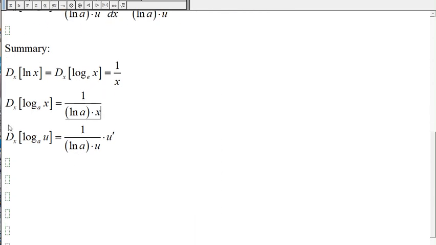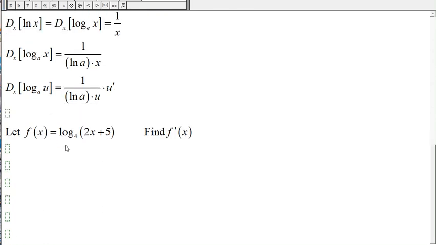Now let's do some examples. Here we have the function log base 4 of 2x plus 5, and we want to find the derivative. If we have log base a of x, then it's just 1 over ln a times x. But since we have the expression 2x plus 5 here, we have to use the chain rule.